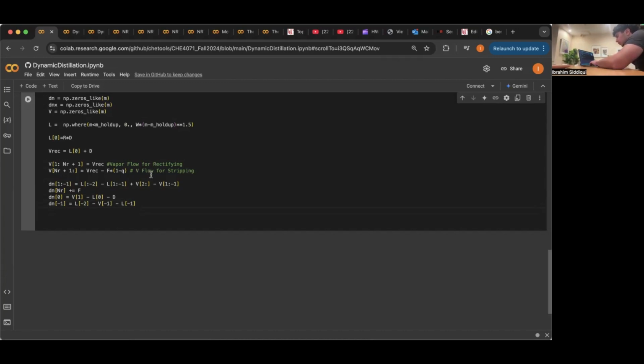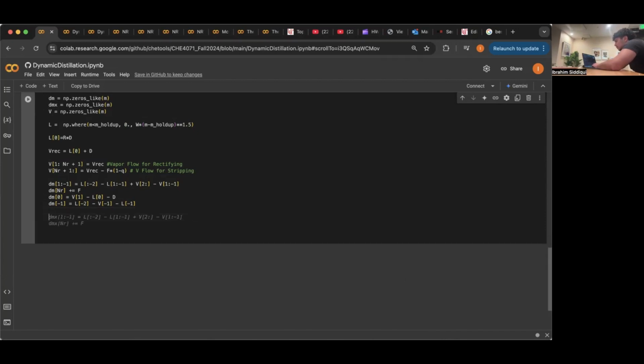Okay, so now that we've done this, we can now do this for what we defined when we were deriving, and this will be for DMX, which is essentially looking at our change in our compositions. The steps that we go through are very similar to what we did previously.